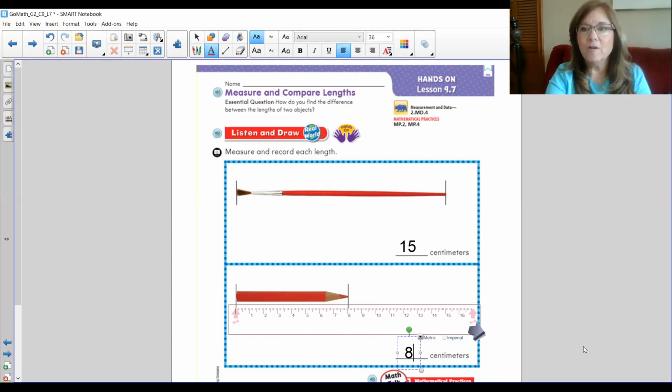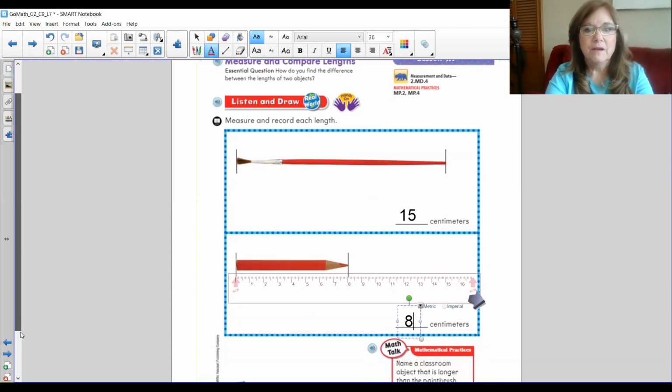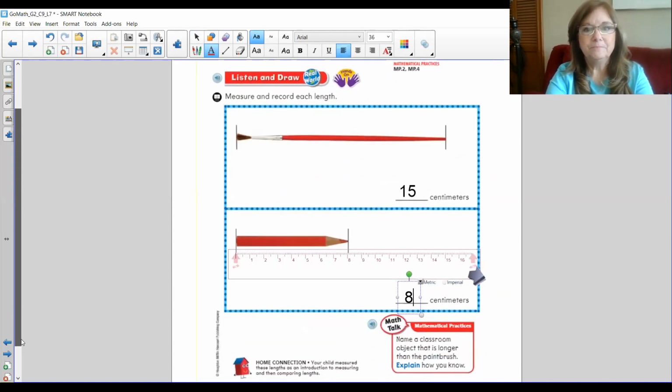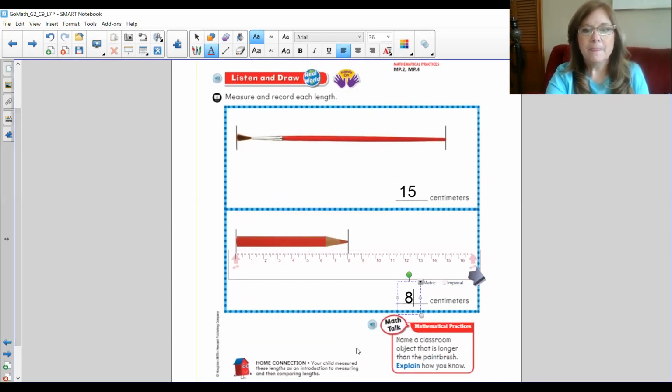And now let's see if we can move down to math talk. Name a classroom object that is longer than the paintbrush and explain. Well, we saw in the video that things like maybe the teacher's desk or the student's desk might take several paintbrushes to go all the way across.